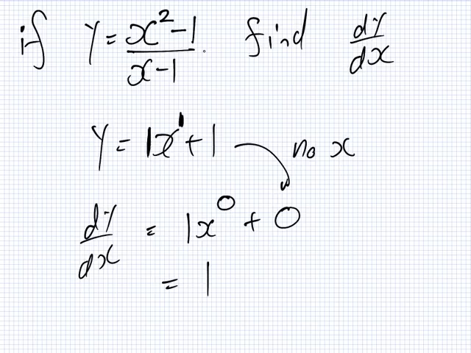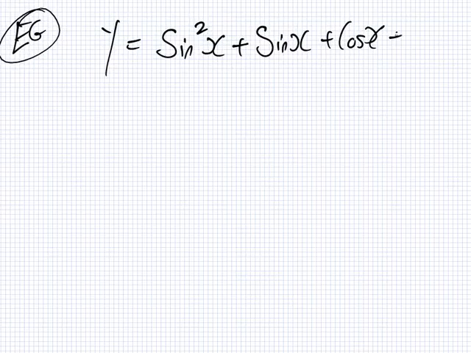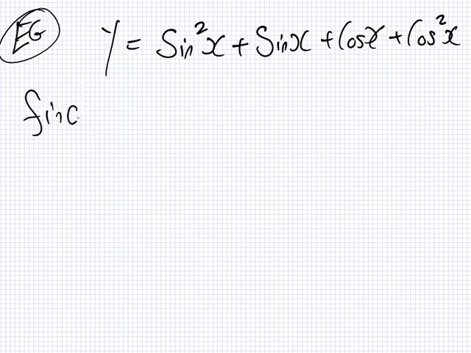Try this one. y equals sine squared x plus sine x plus cos x plus cos squared x. It's really not as bad as it looks. Find dy dx.